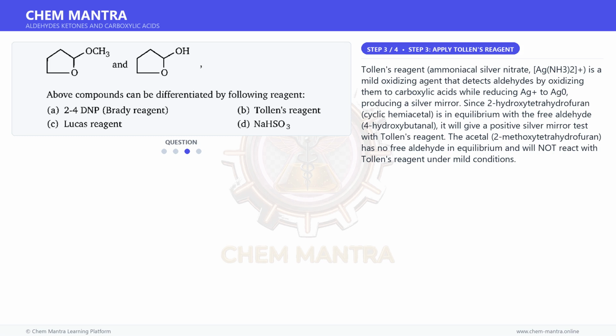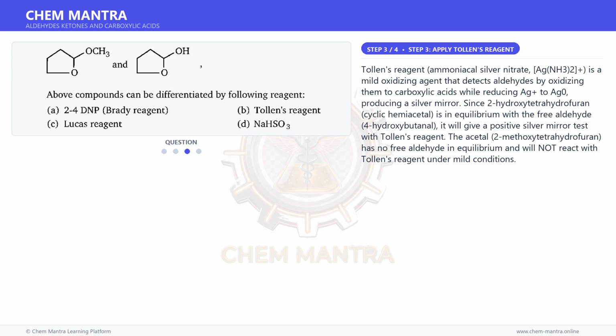Tollens reagent, ammoniacal silver nitrate, [Ag(NH3)2]+, is a mild oxidizing agent that detects aldehydes by oxidizing them to carboxylic acids while reducing Ag+ to Ag0, producing a silver mirror. Since 2-hydroxytetrahydrofuran, a cyclic hemiacetal, is in equilibrium with the free aldehyde, 4-hydroxybutanal, it will give a positive silver mirror test with Tollens reagent.